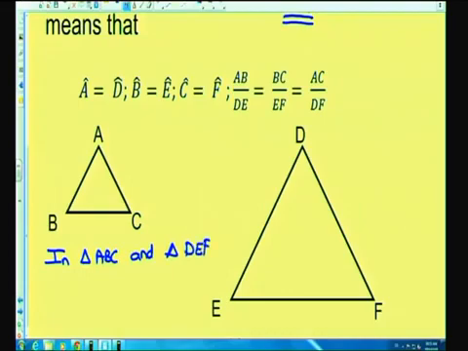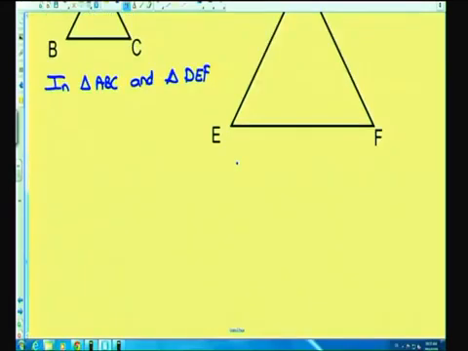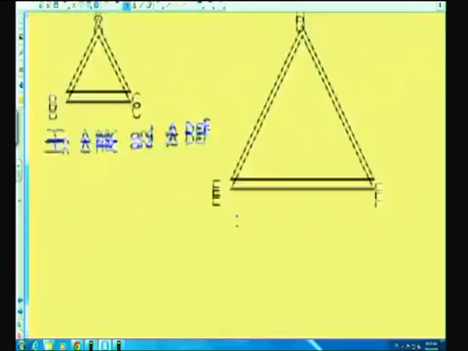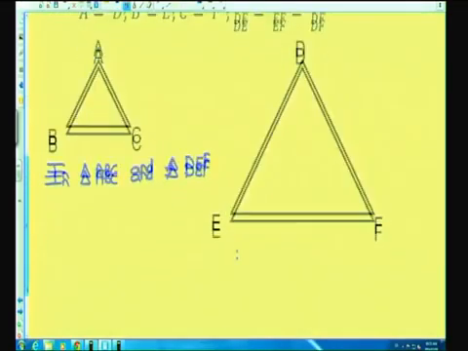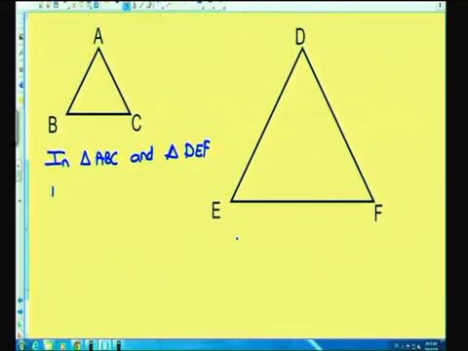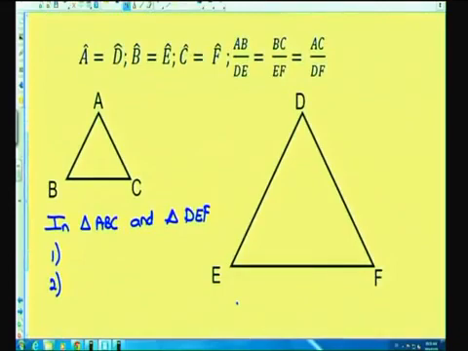Now over here, it doesn't matter about the order I'm putting it in. It becomes important at the end when I introduce that little sign that we've got up here, this one over here. Then it's important what the order is. So over here now, what I would do is outline at least two angles that are equal. Now they've told me that A equals D. So I can go A equals D.